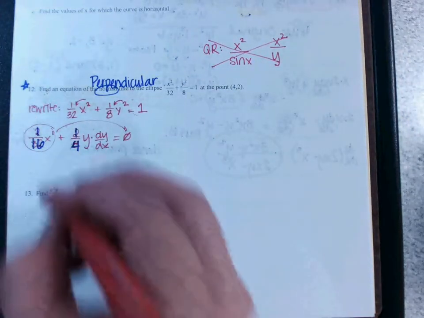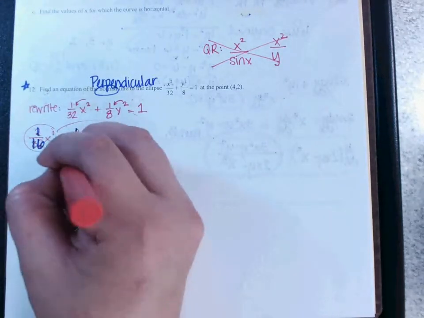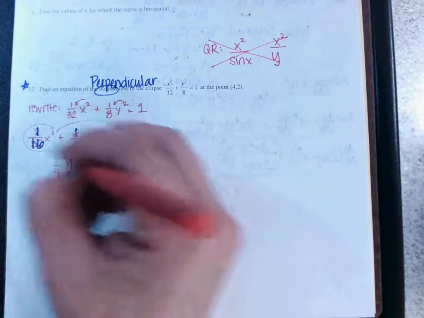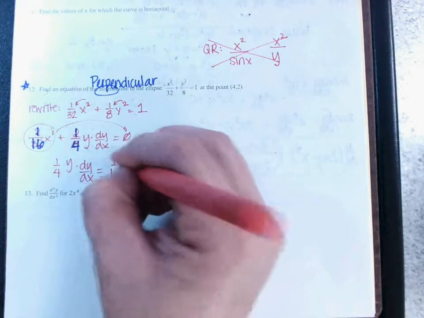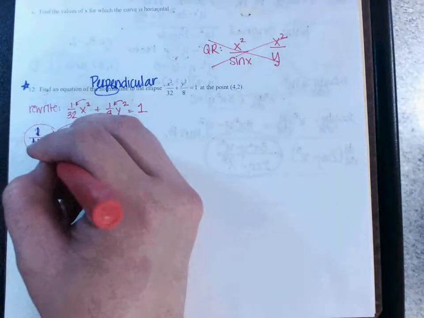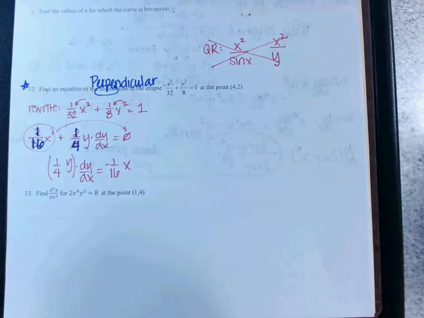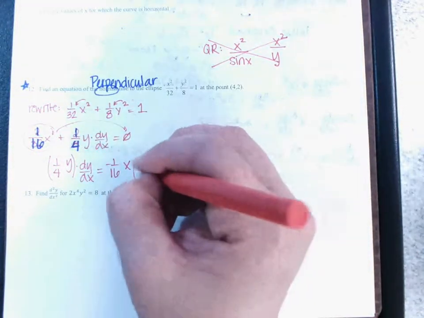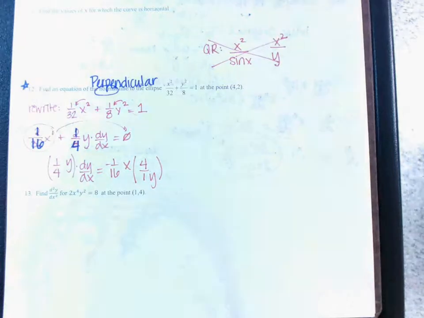So I'm going to go ahead and do that next. So I have 1/4 y dy dx, and then 1 over 16 x negative on the other side. From there, to get rid of the 1/4 and the y, I'm going to multiply the other side by 4 over 1 y on the bottom.